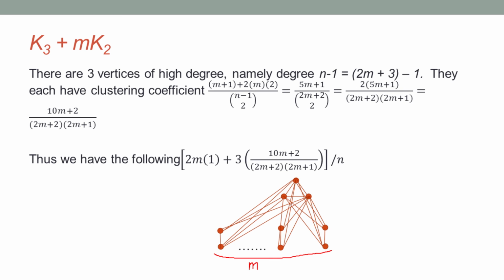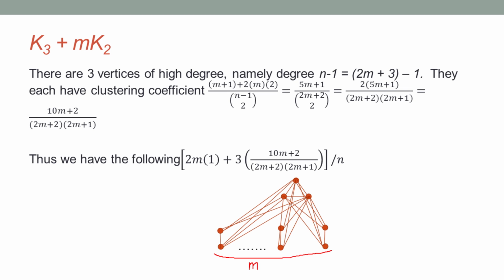Now below, I want everything in terms of m. We have n minus 1 choose 2, but what is n? It's the total number of vertices minus 1. And the total number of vertices is twice m plus 3, so minus 1.